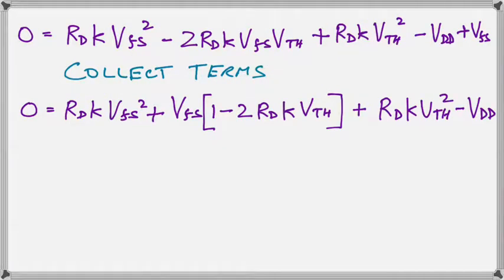So the next step we want to do is to collect terms that are alike. We see that we have 2 terms in there with VGS. So we have to incorporate those two terms, and that collecting it up leads to the 1 inside the bracket, because that is saying we have 1 VGS minus 2 RD K VTH VGS.